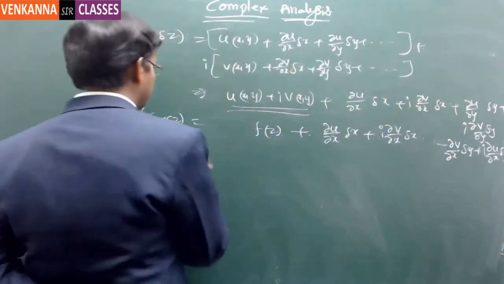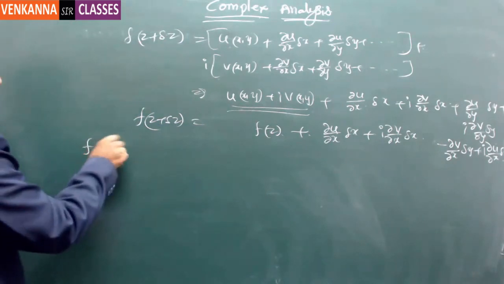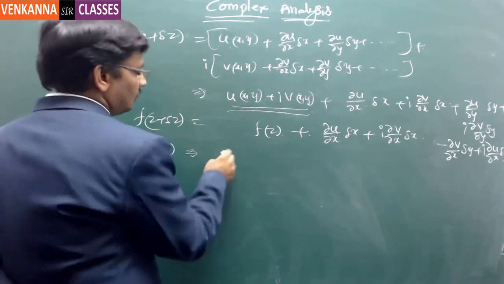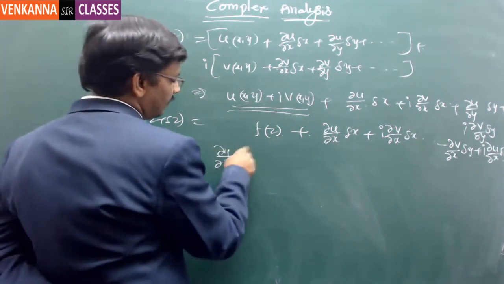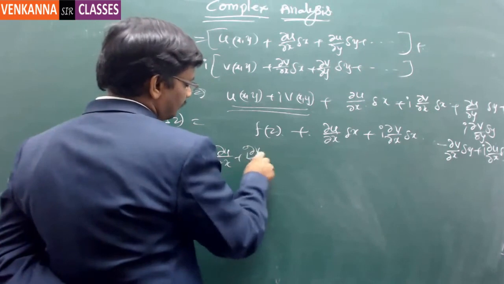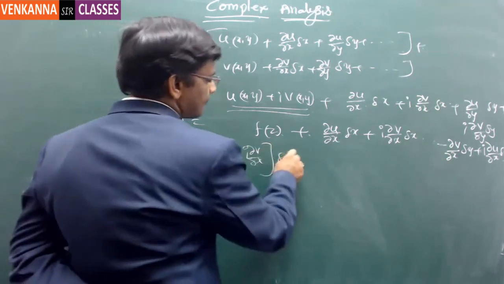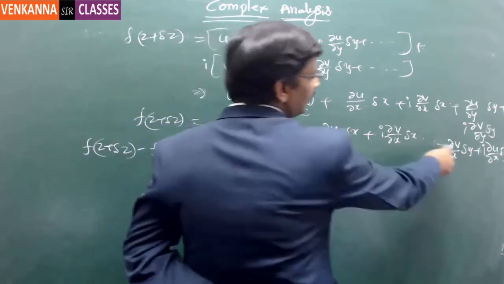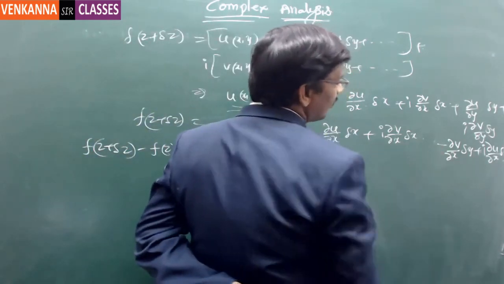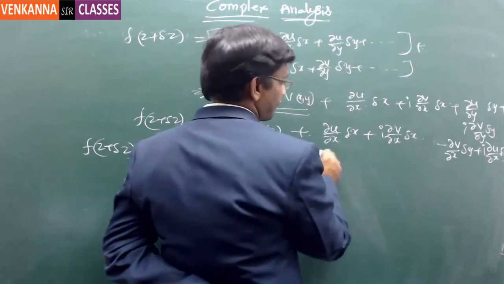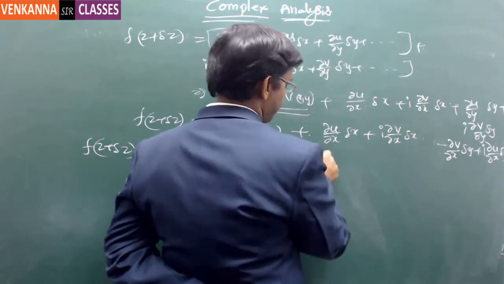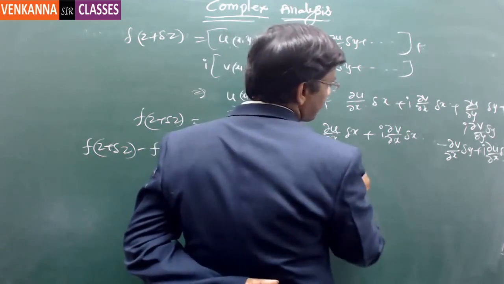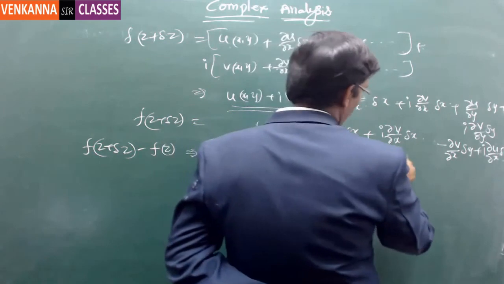Here, f of z plus delta z minus f of z is equal to dou u by dou x plus I times dou v by dou x times delta x, minus, here delta y, if you take it out, dou v by dou x plus I times dou u by dou x.